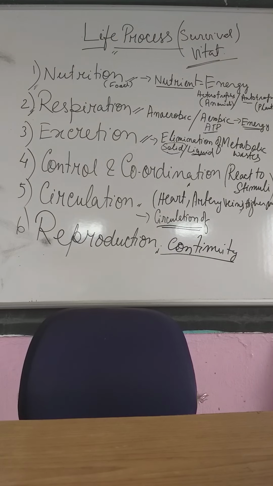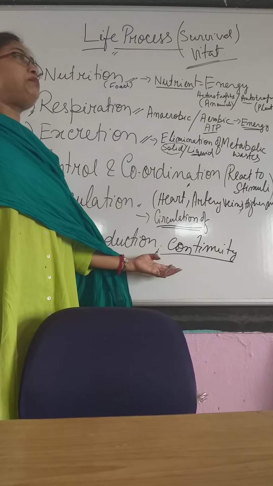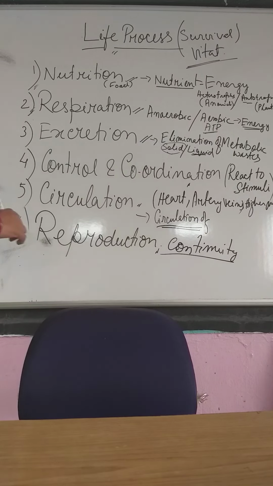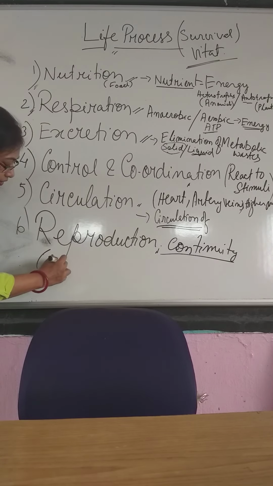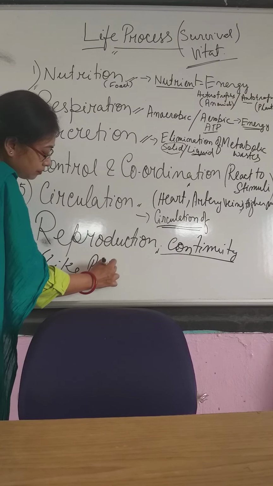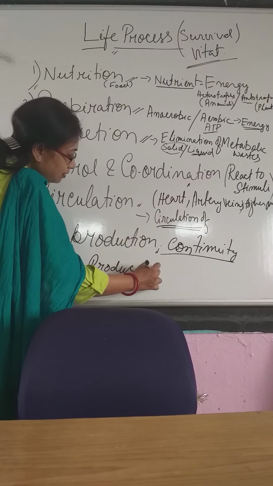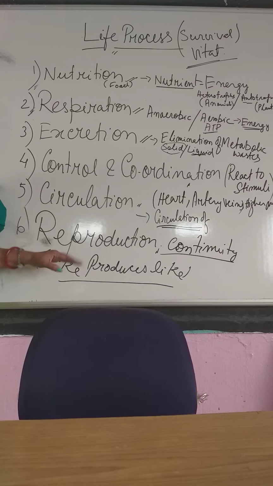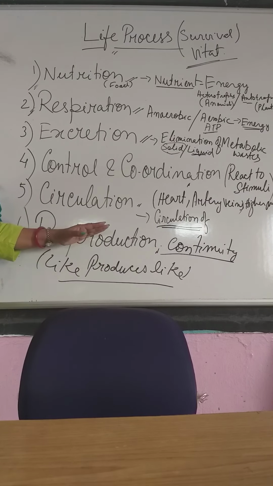Continuity means the continuity of species. For the survival of species on this earth, the organism has to reproduce. Life produces life, this is the funda. Similar organisms produce similar organisms. A dog produces a puppy, a cow produces a calf. So reproduction is very much essential for the continuity of species.